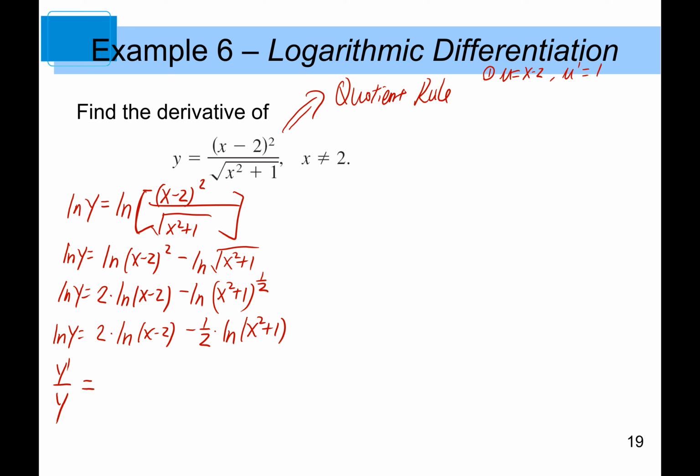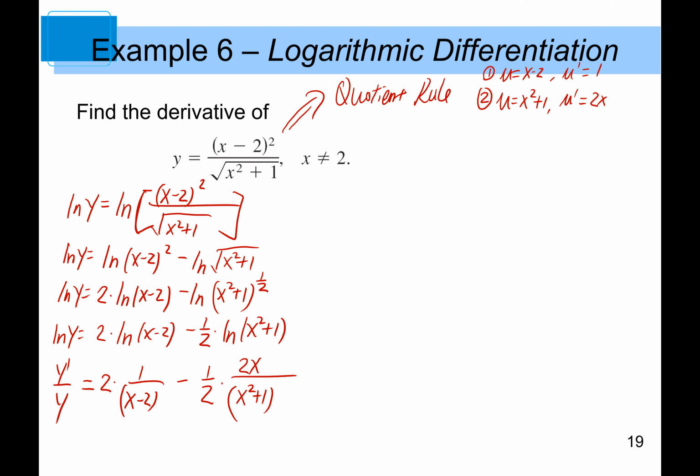So here it becomes 2 times u prime over u, so 1 over x minus 2. And for the second logarithm, setting u equal to x squared plus 1, u prime is going to be equal to 2x. It's minus half times 2x over x squared plus 1.